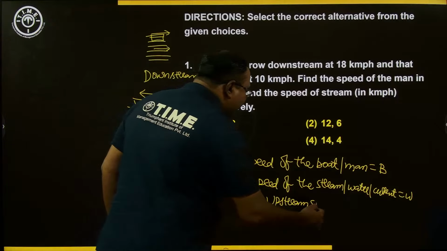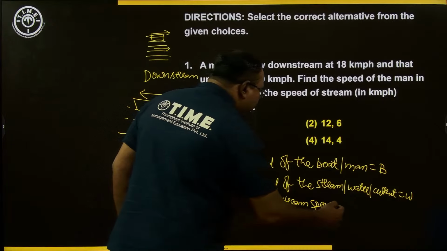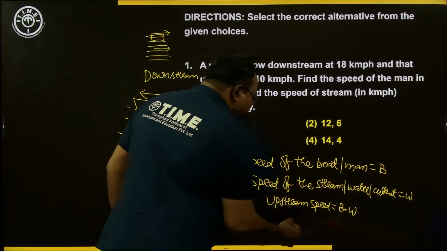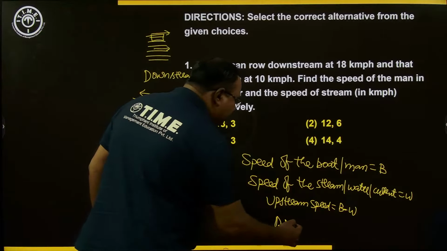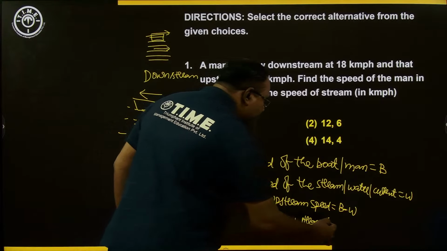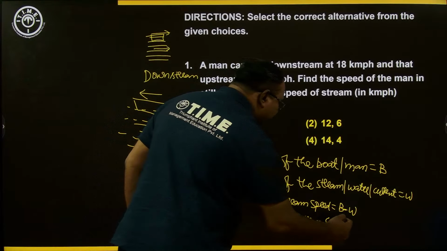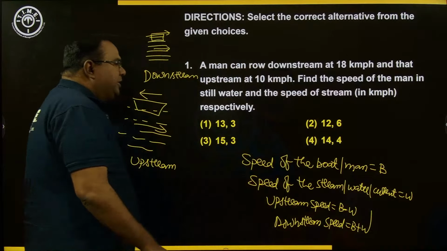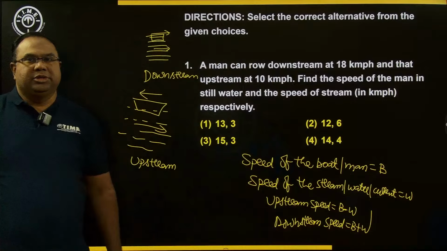Upstream speed is equal to B minus W. Downstream speed is equal to B plus W. If you know this much, then you can go ahead and answer the questions, right?